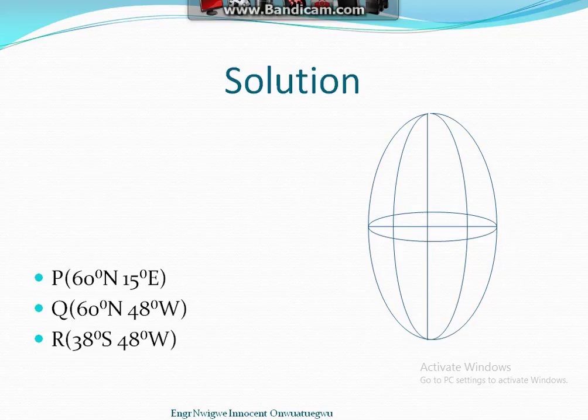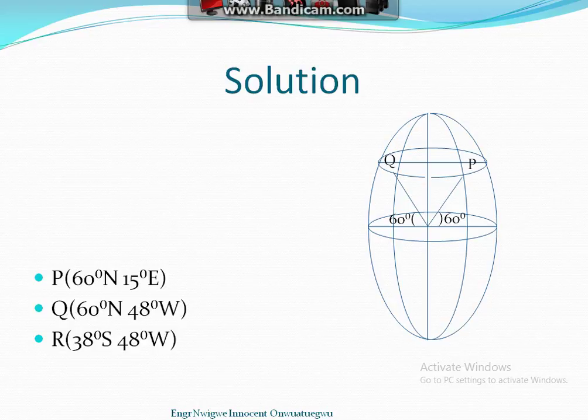Then we locate P by measuring 60 degrees from the equator, then locating 15 degrees along the latitude. We then mark P. We now have the location of the point P. For Q, we measure out 60 degrees north, and since it's 48 degrees west, we locate 48 degrees west along the latitude and mark it.